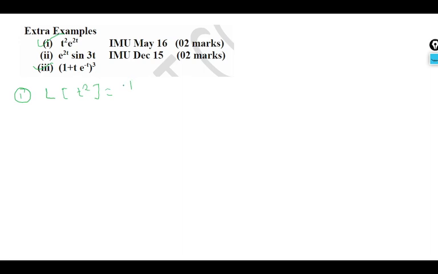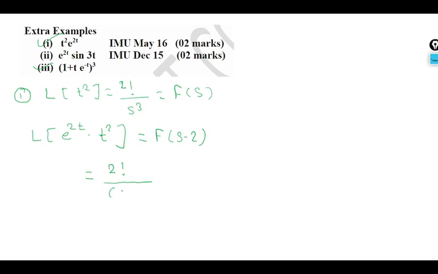Gamma 3 is 2 factorial, upon s cube. So Laplace of e raised to 2t into t square, suppose the previous is our F of s, then by first shifting it is F of s minus 2. The answer will be 2 factorial, which is 2 itself, upon (s minus 2) bracket raised to 3. And that is the end of the first question.